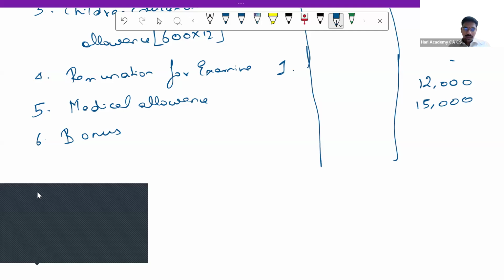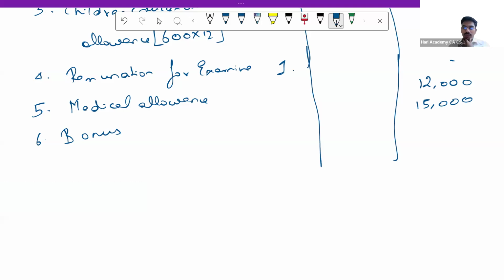If the furniture is owned by the employer, the value is as per point 2 plus 10% of the cost of furniture per annum. So here, 15% of salary in cities having population more than 25 lakhs as per the 2001 census, minus rent recovered. 10% of salary in cities having population more than 10 lakhs but less than or equal to 25 lakhs, minus rent recovered. 7.5% of salary in other areas, minus rent recovered.